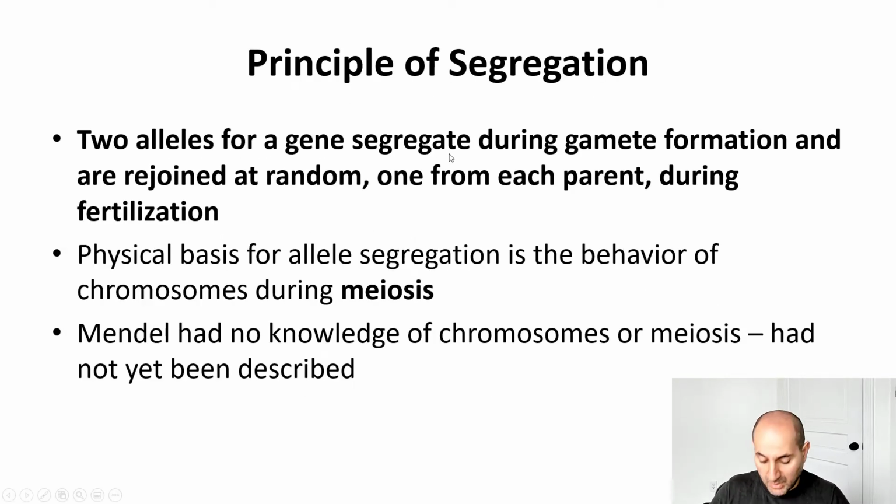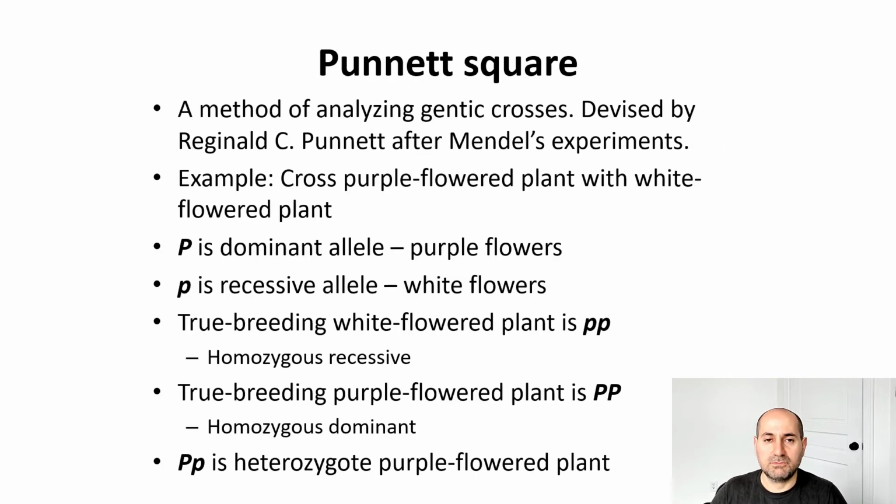And know that the monohybrid cross taught us the principle of segregation of alleles, that 2 alleles for a gene segregate during gamete formation and are rejoined at random, one from each parent during fertilization. Great, that's what we really want to know.